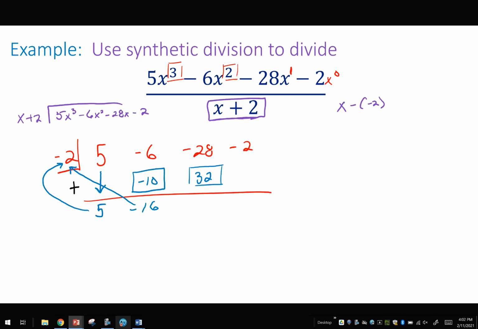Negative 28 plus 32 is a positive 4. Take 4, multiply it up to the press box, put that product here, becomes a negative 8. Add these two together, we get negative 10. And with synthetic division, this last term that you find here is always the remainder.